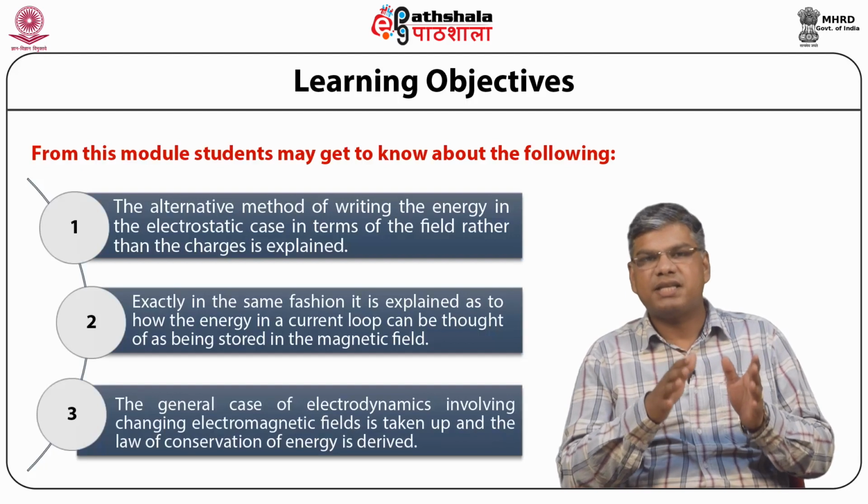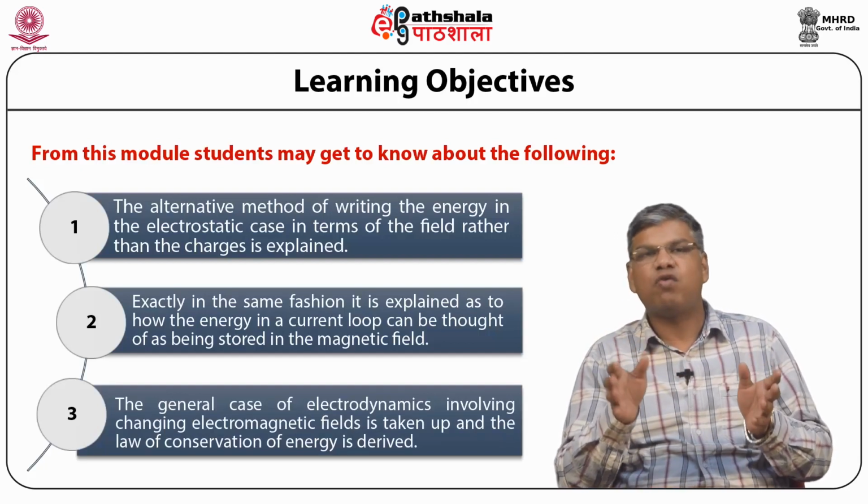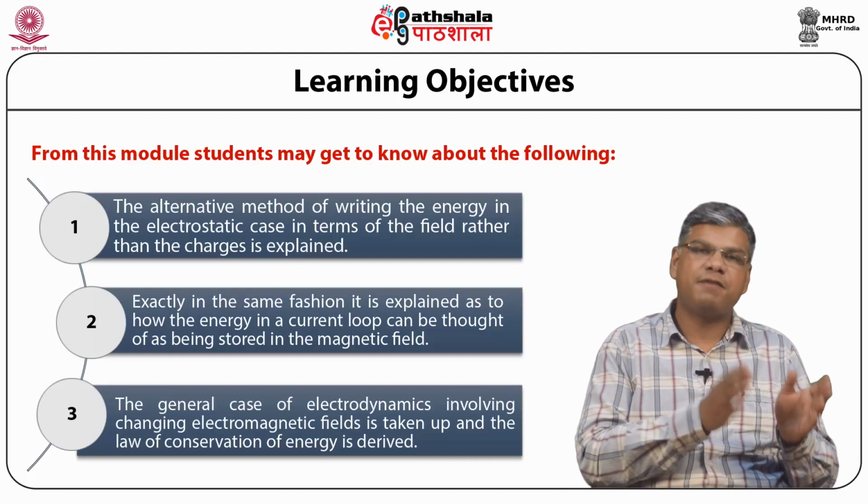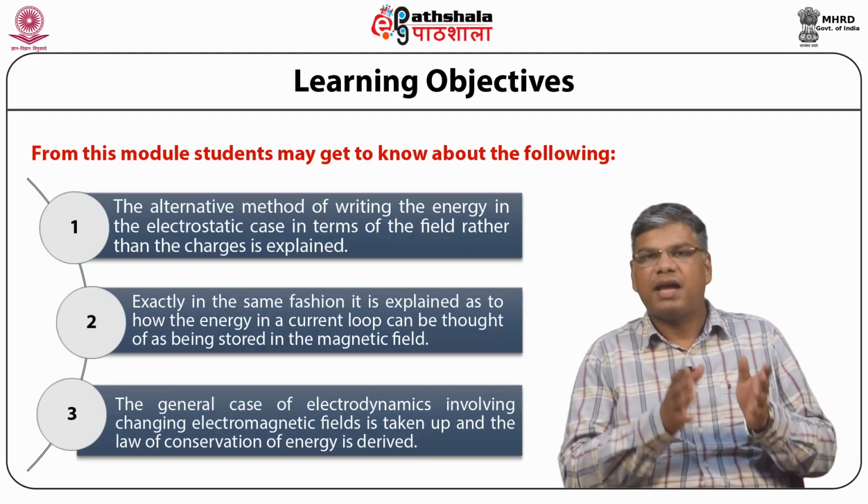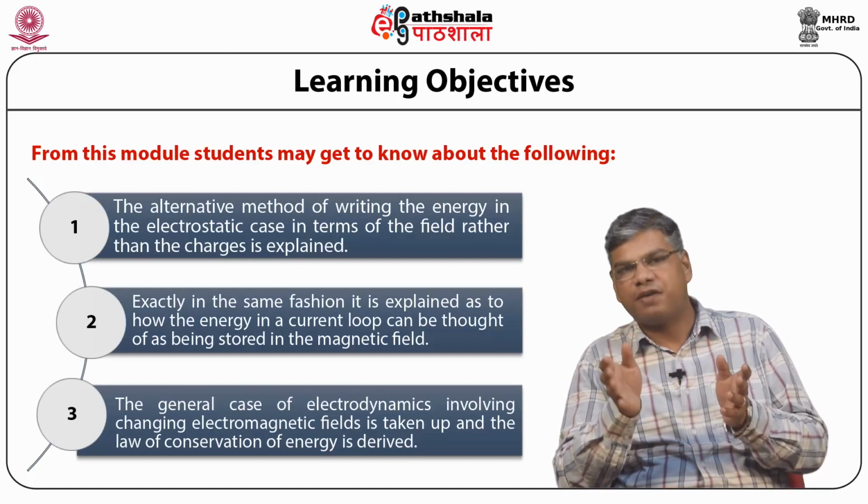The general case of electrodynamics involving changing electromagnetic fields is taken up and the law of conservation of energy is derived. Again, in this and the next module, we look at the various classical conservation laws for a system of charges and the electromagnetic fields.